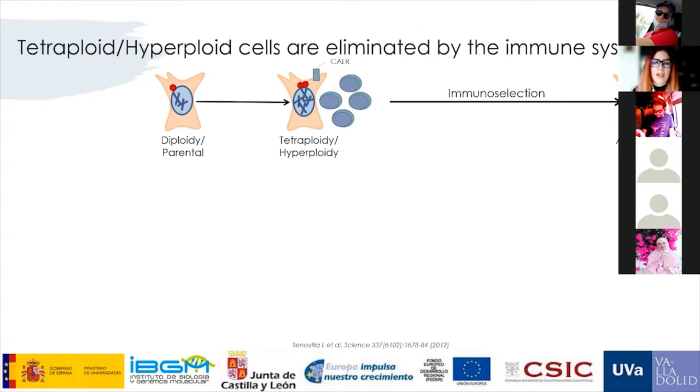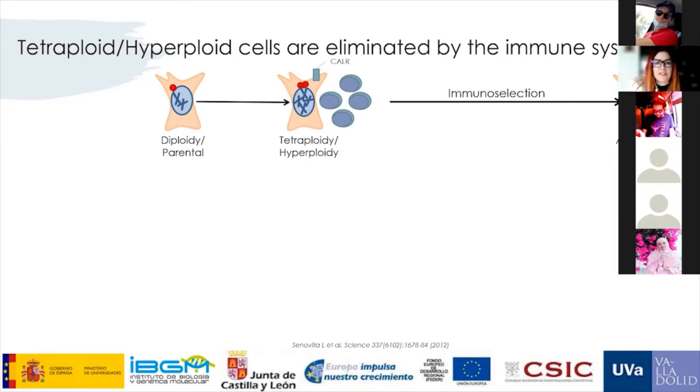In the past, we have described that tetraploid or hyperploid cells are immunogenic. That means that, in fact, tetraploid cells expose calreticulin on the cell surface. So there is the same calreticulin exposure pathway as with anthracycline stimulus.